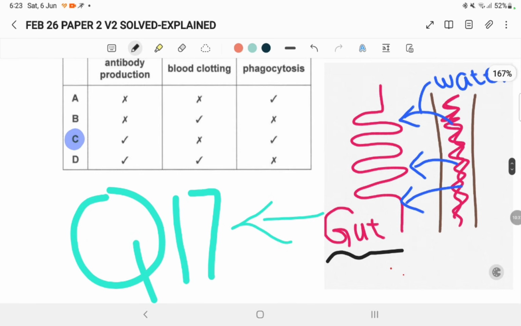The gut, which is also known as the small intestine: water is moving out of the blood vessels into the small intestine. So more water is lost from the body by this process, which is the diarrhea. Okay, so this causes the body to dehydrate.